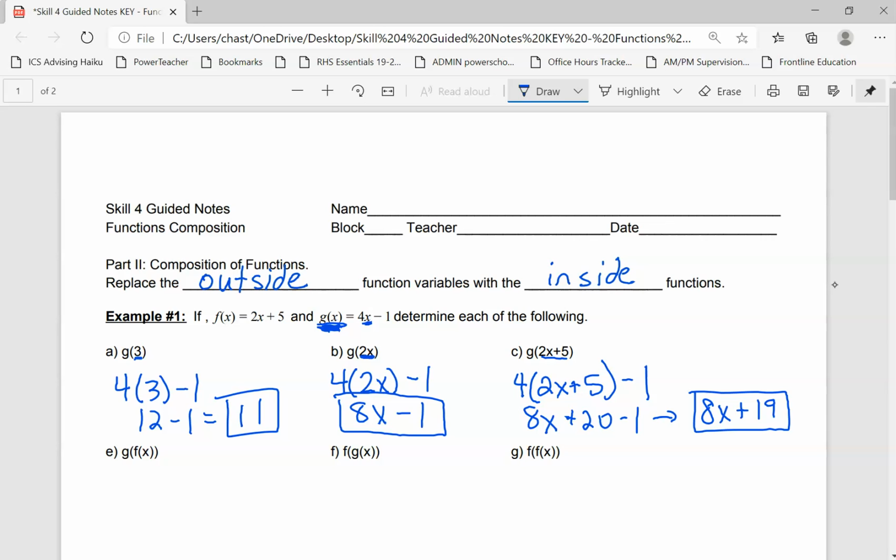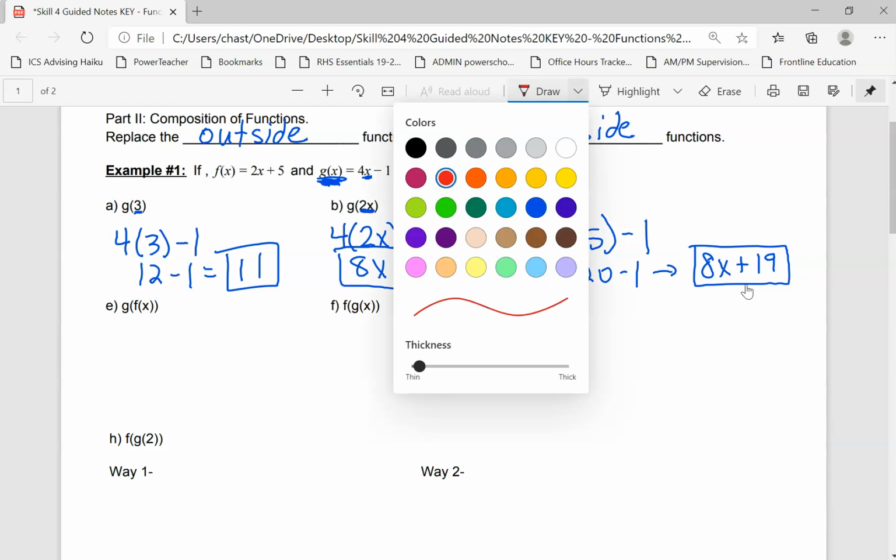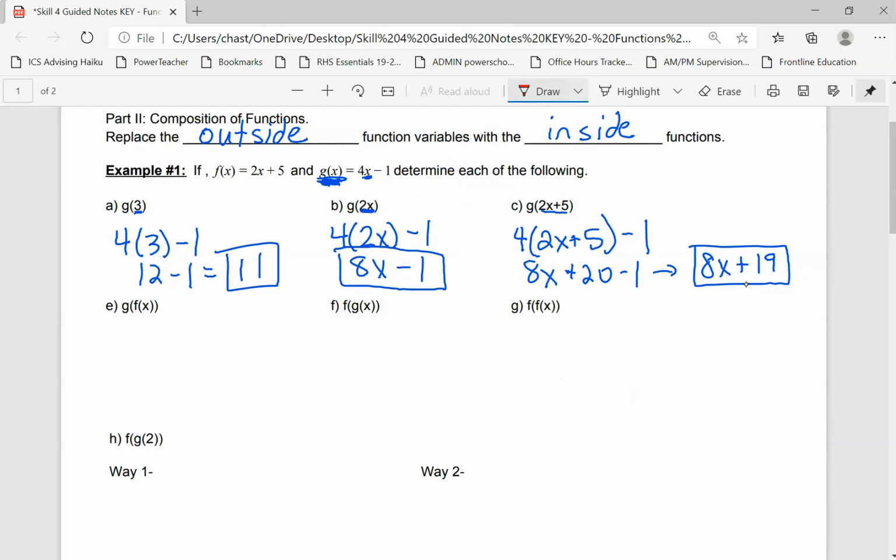So that's how we're going to replace a function with something. If that's all it means to evaluate a function, then doing a composition should be no big deal either. I think what students get tripped up on is the notation more than the actual procedure. So this is g of f of x.